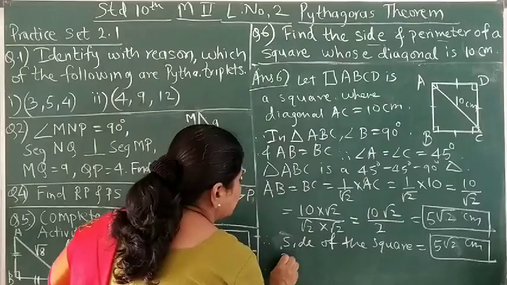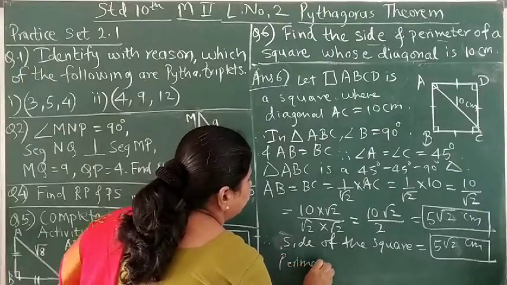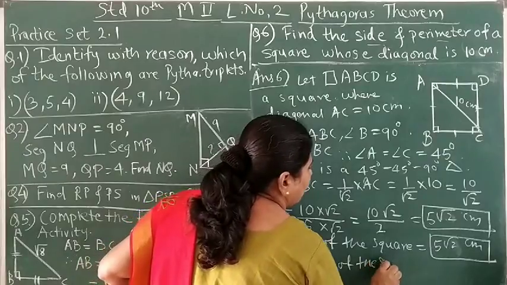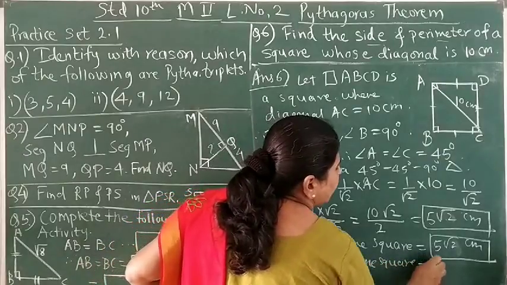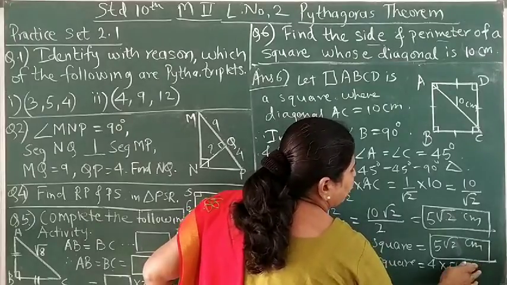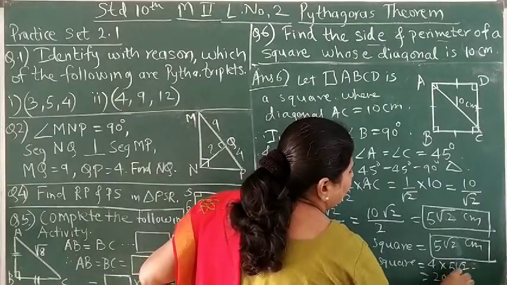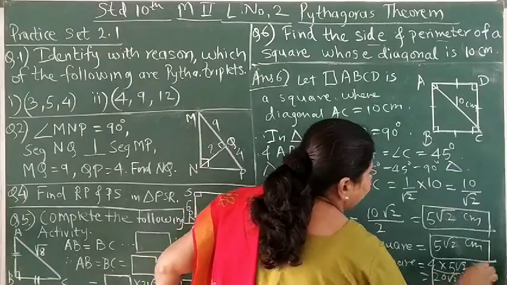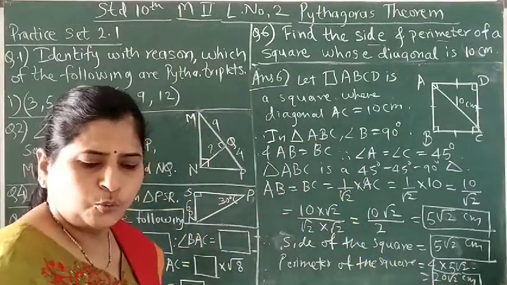And the second answer is the perimeter of the square, which is 4 into side, that is 4 into 5 root 2, that is 20 root 2 centimeter. Okay, so this is one method which everyone can do very easily, no problem.